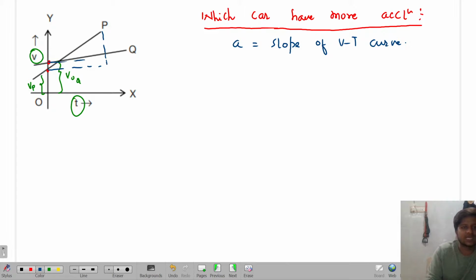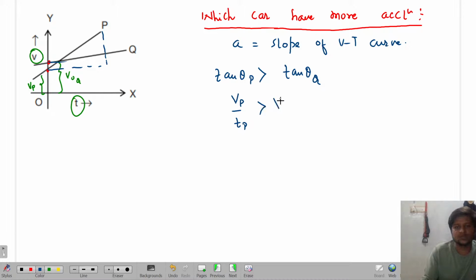What you observe is that the triangle of P is bigger, meaning the slope of P is much more than the slope of car Q. So tan theta of P is greater than tan theta of Q. Tan theta of P means velocity of P by time of P is greater than velocity of Q divided by time of Q. This implies acceleration of P is greater than acceleration of Q.